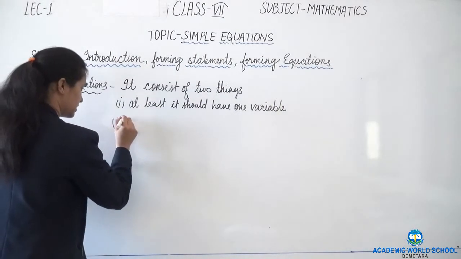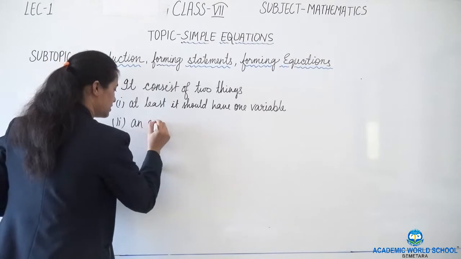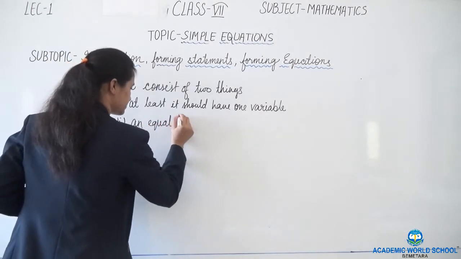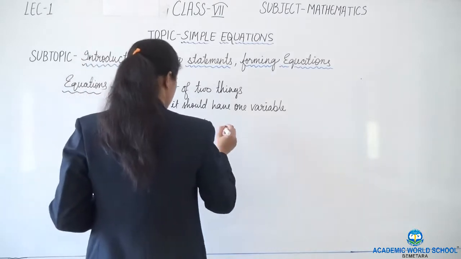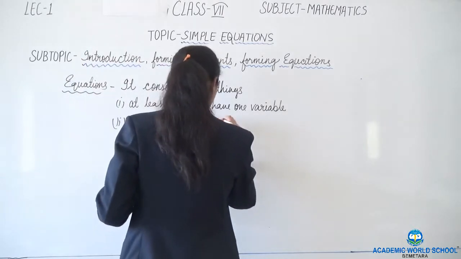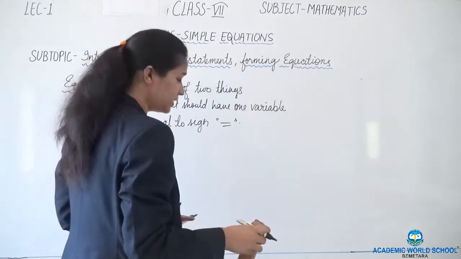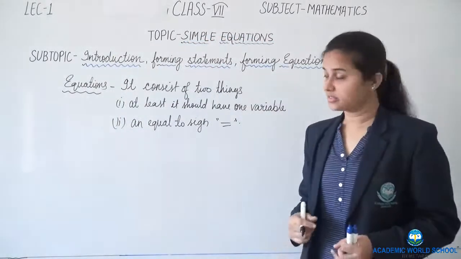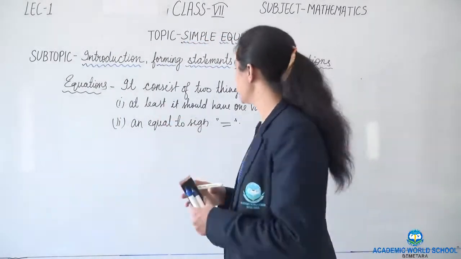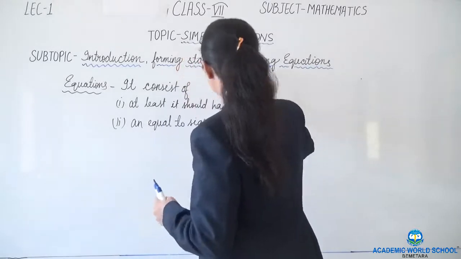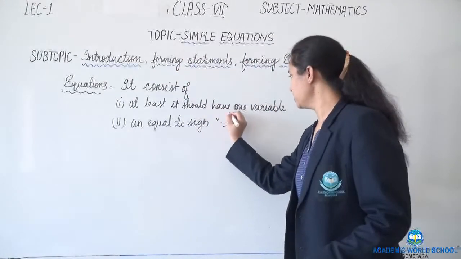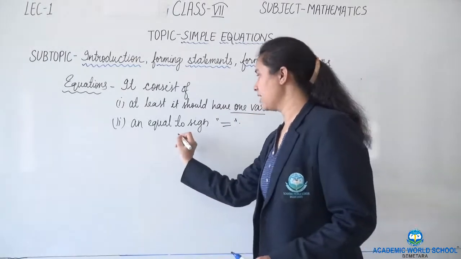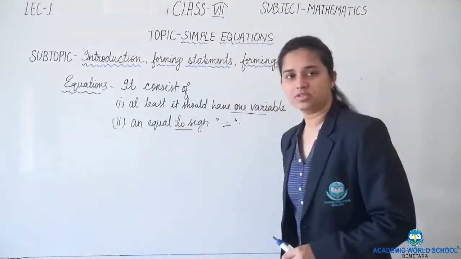Second, an equal to sign. Now what I told you: an equation consists of at least one variable. Second, it should have an equal to sign.